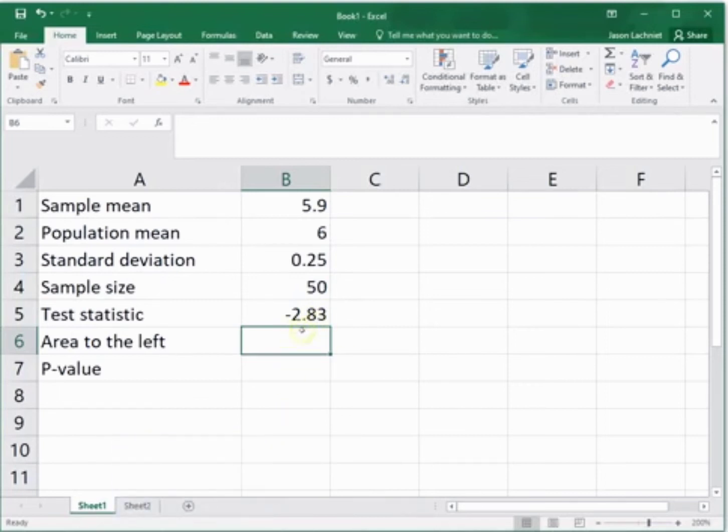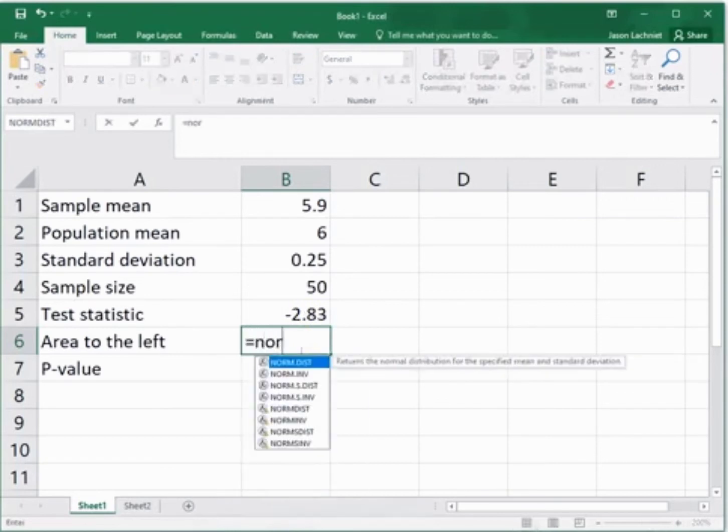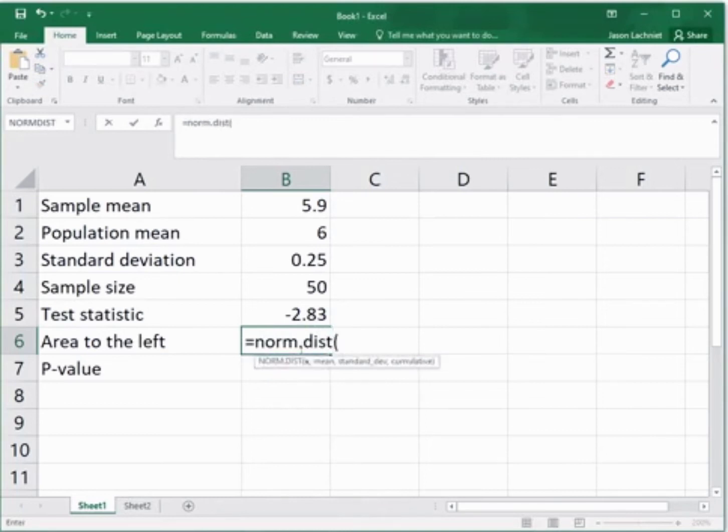Now we're going to calculate an area that corresponds to that z-score, that test statistic, and that requires the normal distribution function, or we could look in a table like Appendix A from the book. But it's easier to just use this function here in Excel, and it is equals norm.dist.